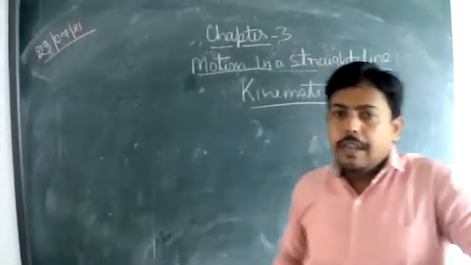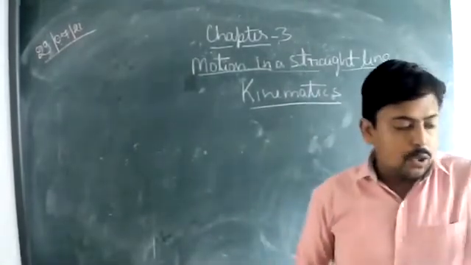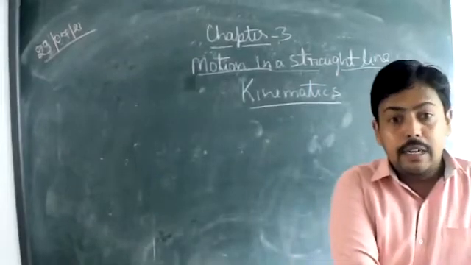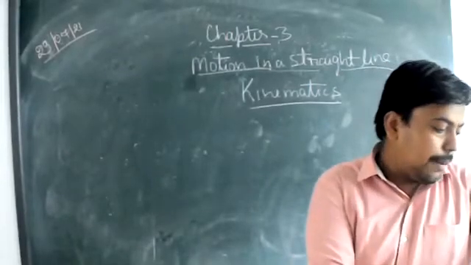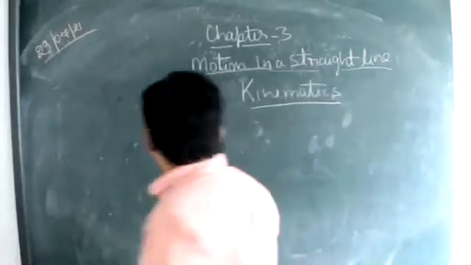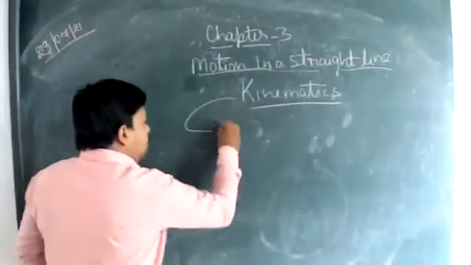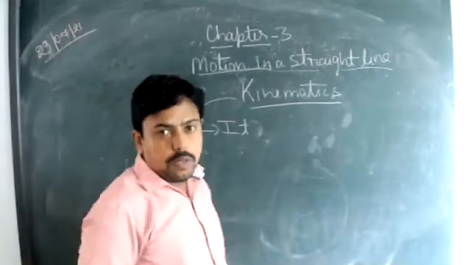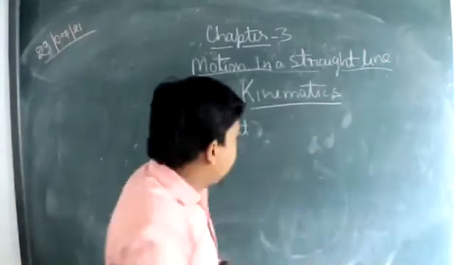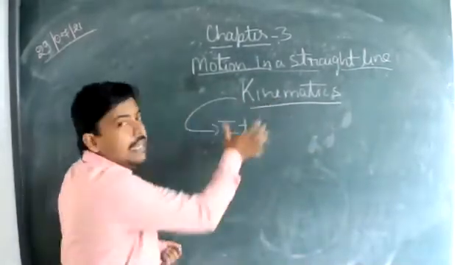So if someone asks you what is kinematics, a person should first know the definition of kinematics. It is a branch of science, or a branch of mechanics. If we are studying kinematics, then this word has some meaning inside it.